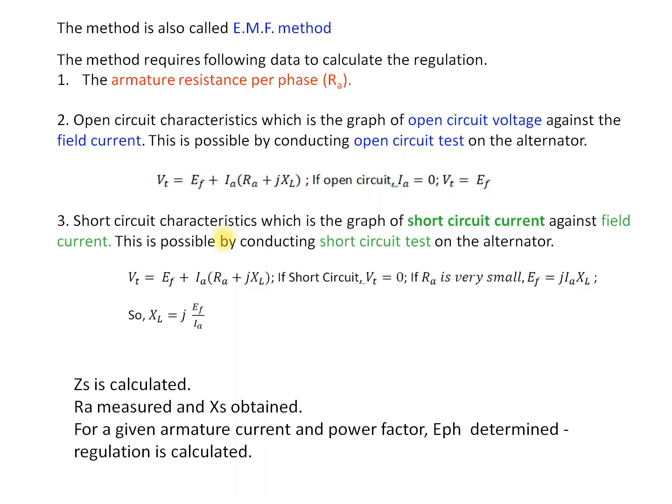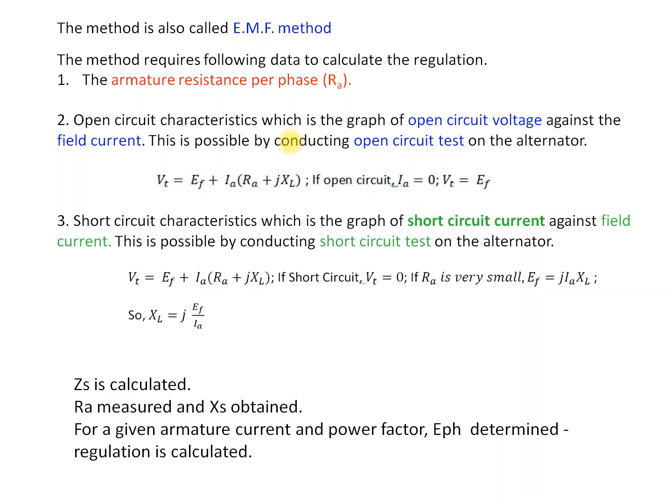So what do we mean by open circuit characteristics? We will be giving the field supply to the DC winding, that is for the rotor, and we will be running that particular alternator at synchronous speed.